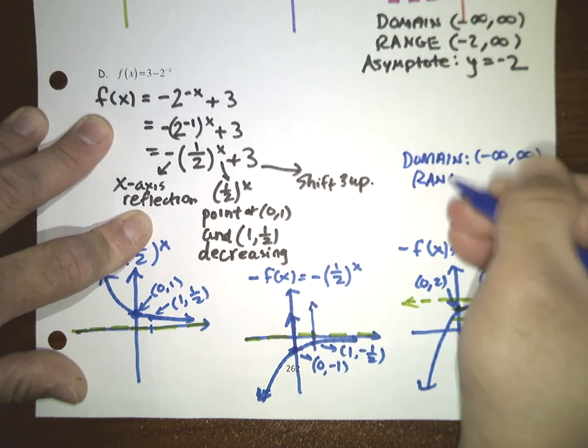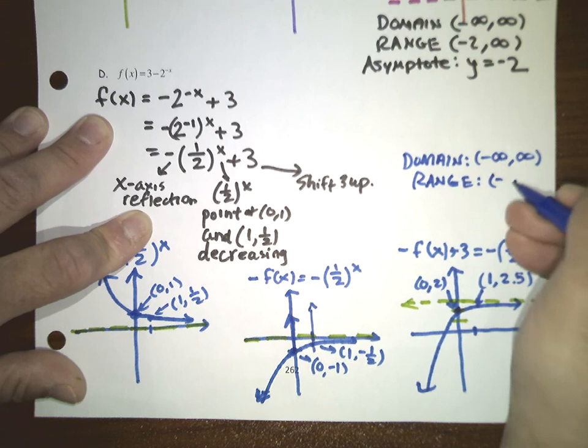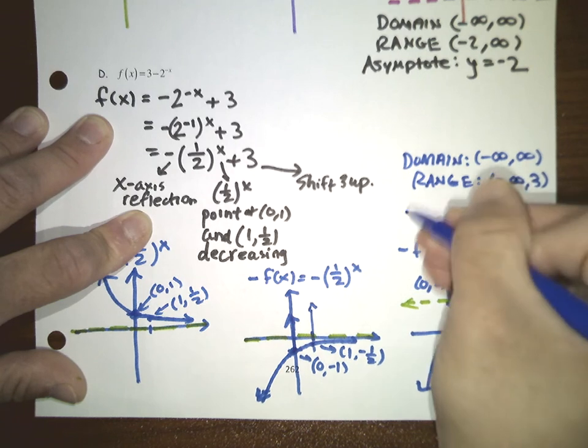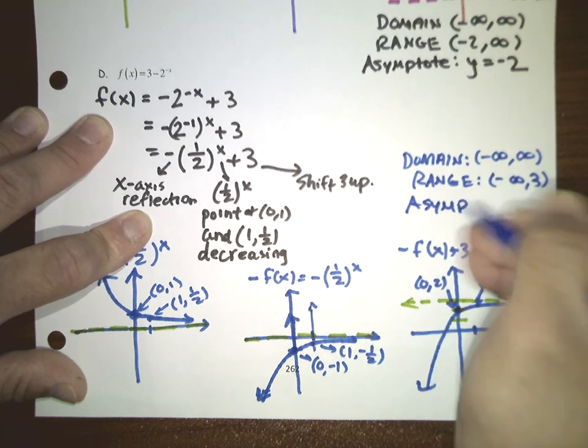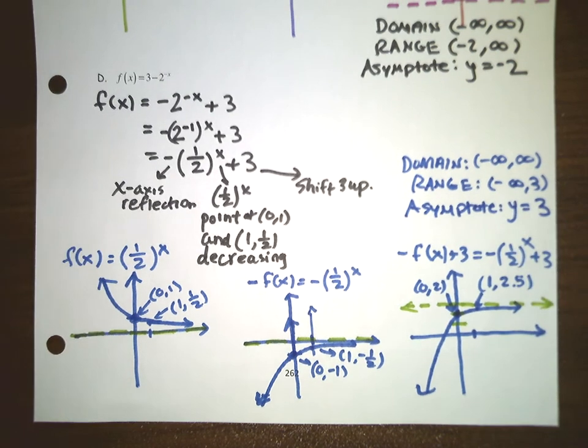The range is going to be, well, negative infinity up to 3 now, and the asymptote is going to be y equals 3. So this is all like what we've been doing, the transformations, but just of a different type of graph.